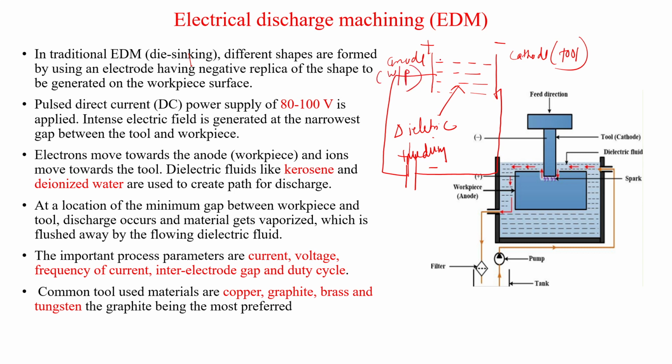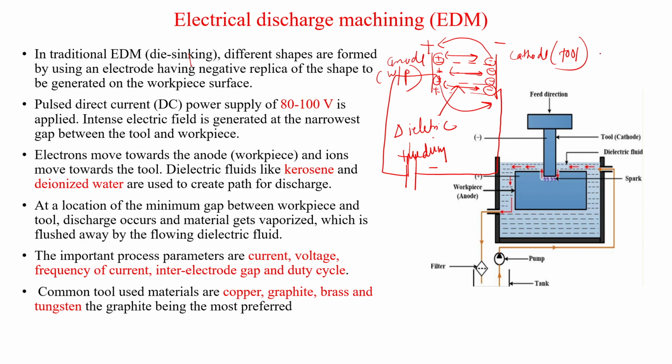Here are negative charges, and here are positive charges close to it. These are attracted to each other because opposites attract. The negative charges come to this side and the positive charges come to this side.